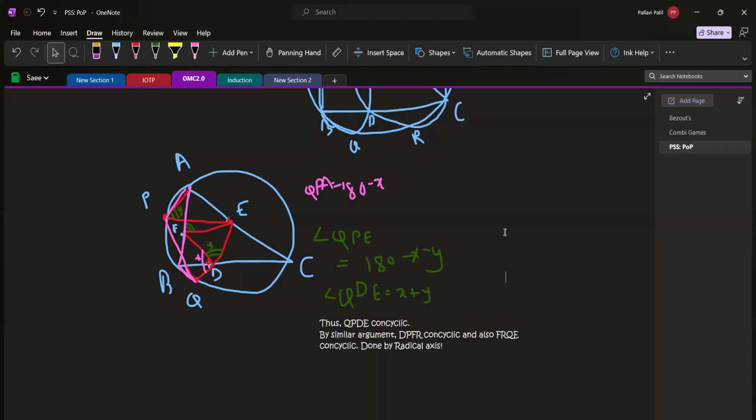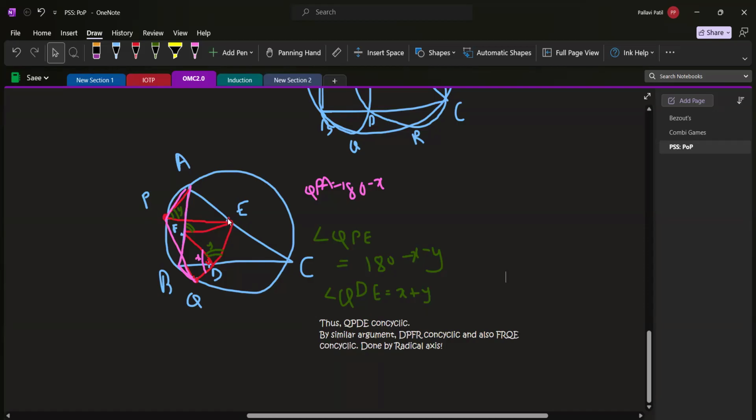Okay, any questions about any of this? Yeah, could you explain it once again, like how it all happened? Okay, which part do you want me to explain? The angle case, or why we are done once we know that they're cyclic? Wait, so QPE is like 180 minus x minus y.